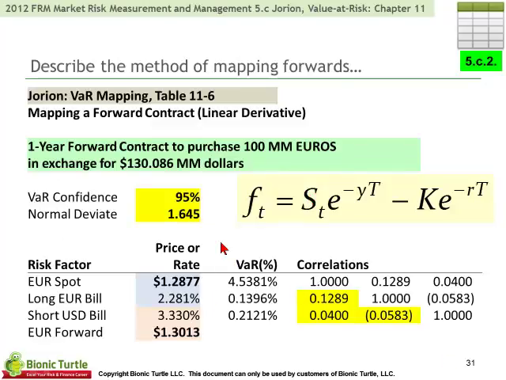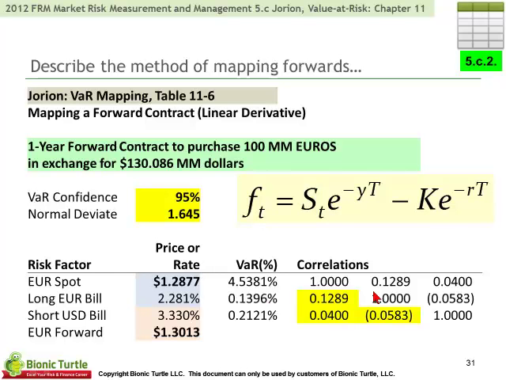And so here's the valuation of this forward contract, and this is a currency contract. So he's basically said, let's say the 3 risk factors mapped here are the euro spot, the euro bill rate or euro risk-free rate, and then we're short the US dollar rate, and that's the cash component here. 1, 2, 3, same risk factors that constitute the value, such that as exposure to these risk factors changes, that will impact the value of our forward contract.